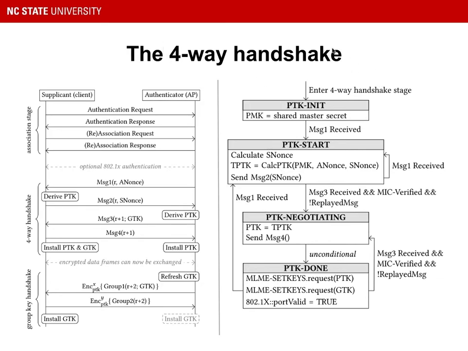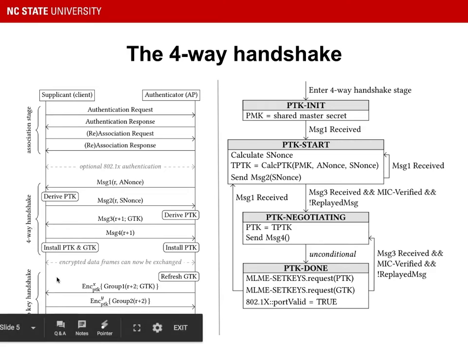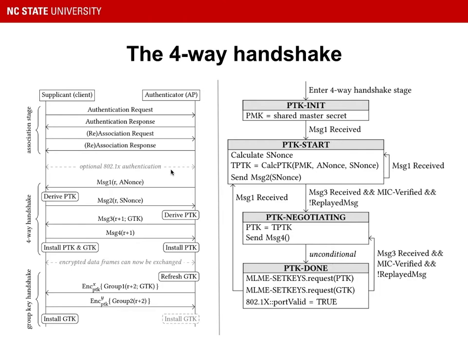So at the heart of this exploitation, and also of the security of Wi-Fi, is the four-way handshake. Before a supplicant, which is a client, which can be a laptop or a computer, can connect to a Wi-Fi, it needs to go through three phases: the association stage, the four-way handshake stage, and the group key handshake stage.